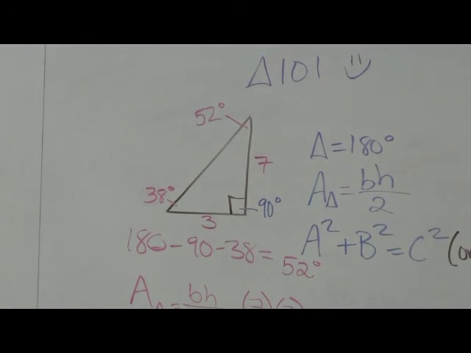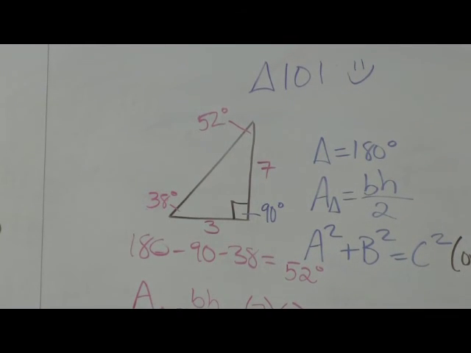So if we do our 7 times 3, that gives us 21. Divide that bad boy by 2, gives us 10.5.